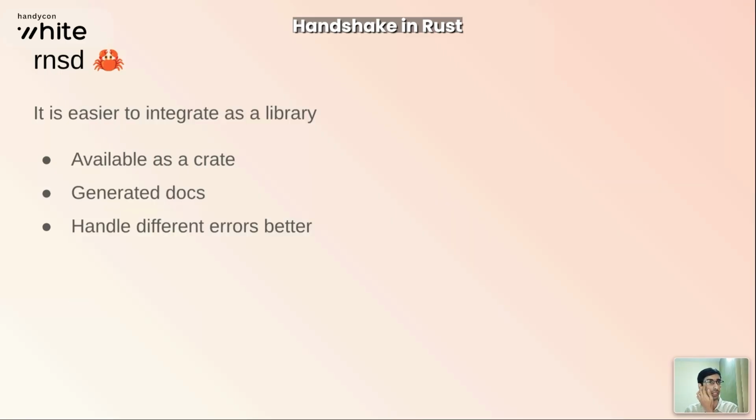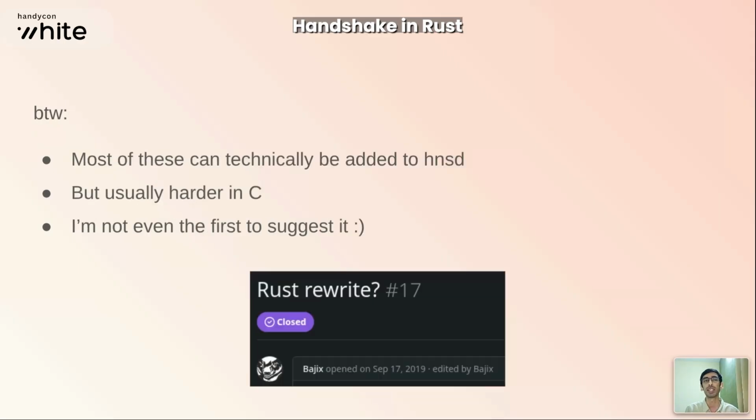It's also easier to integrate as a library compared to HNSD, at least. It's available as a package with docs and with nested levels of errors from different peers, from disk errors to more. Most of these can be added to HNSD, but it's usually harder with C.